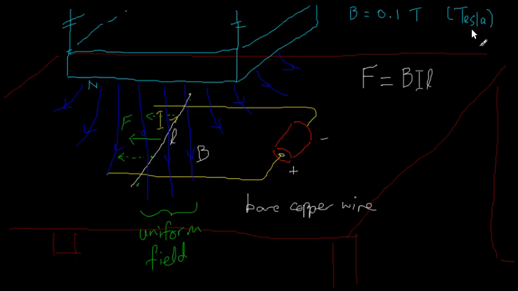I shall talk a bit more about how the Tesla is defined in a later video. So for now, just note that T, Tesla, is the unit for magnetic field strength.